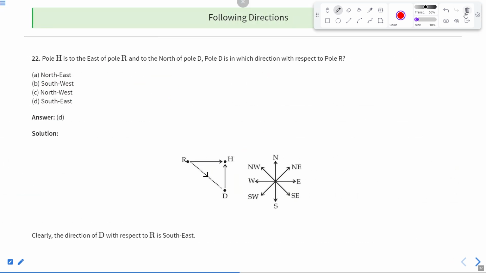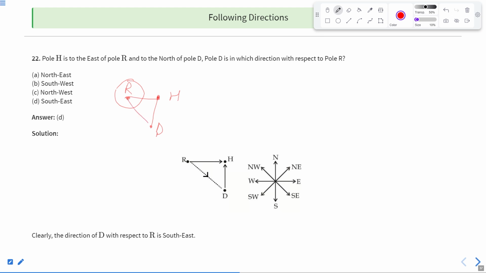Next, pole H. Pole H means a fixed point H, which is our reference point. To the east of R, the R is to the west of H. And so D, north of pole D. So D जो pole है fixed point, we have to the north of it H. Pole D is in which direction with respect to R?